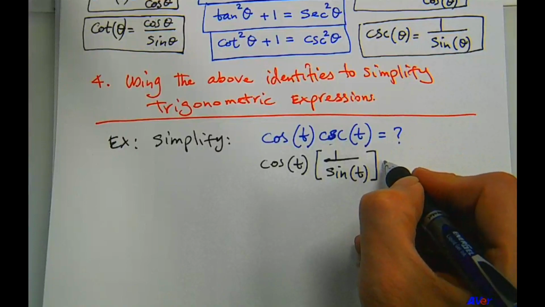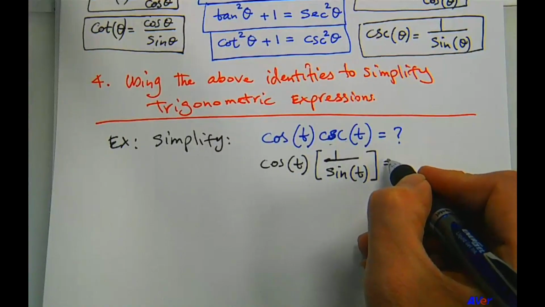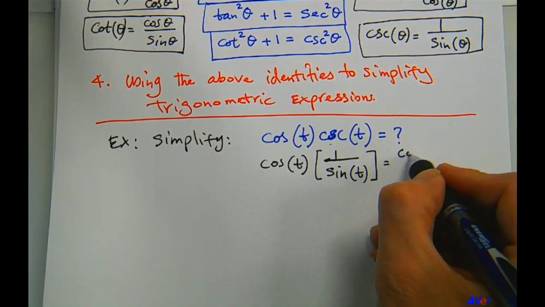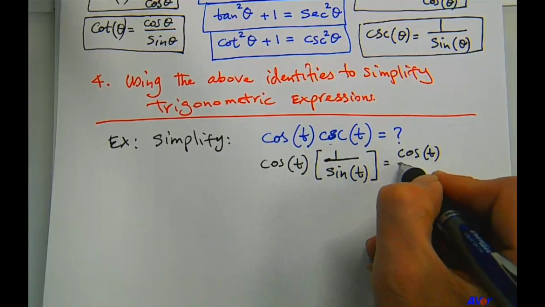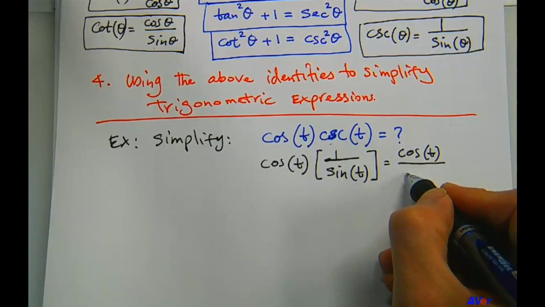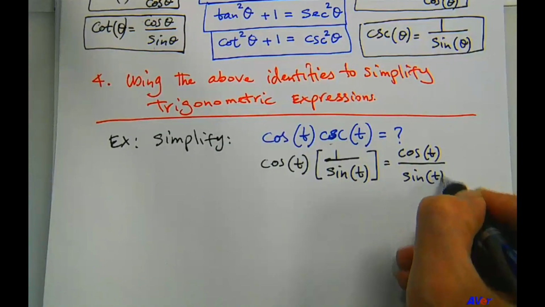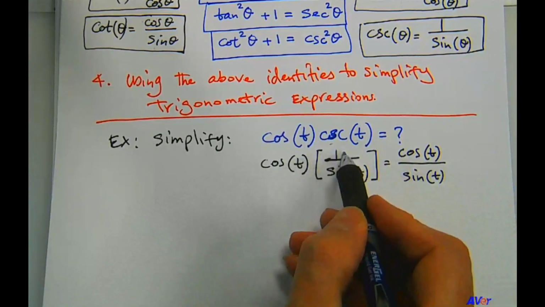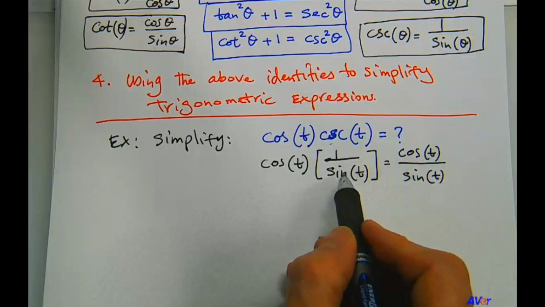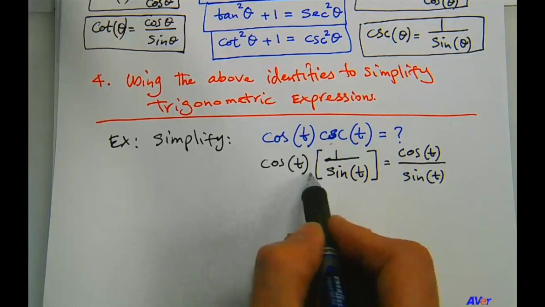So what do we get? We get cosine of t divided by sine of t after you multiply. Cosine of t times 1 is cosine of t, over sine of t times 1, which is the denominator.